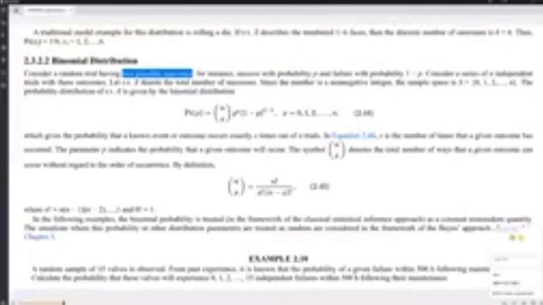Tossing a coin would be one example of this. We are going to have either head or tail. In that case, of course, the probability will usually be 0.5, but maybe there are other examples where the probability of one event is p, and the probability of the other event would be 1 minus p.